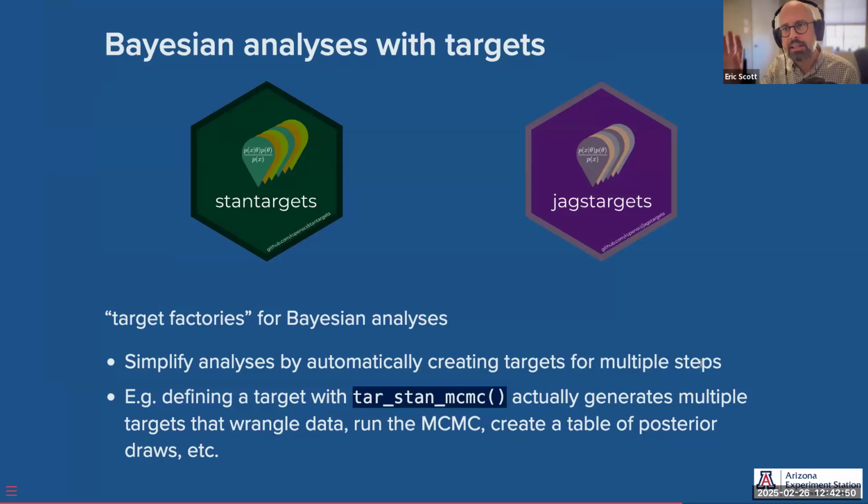So you would define in your _targets.R file just a single tar_stan_mcmc or something like that. But what it actually does when you run it is it generates multiple targets that wrangle the data, run the MCMC chain, create a table of posterior draws, et cetera. They do a bunch of stuff. And I don't do Bayesian analysis, so I'm probably getting some of this wrong. But if you're interested, that's a great place to go.